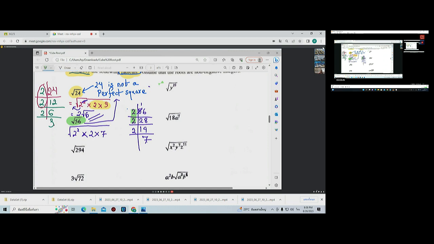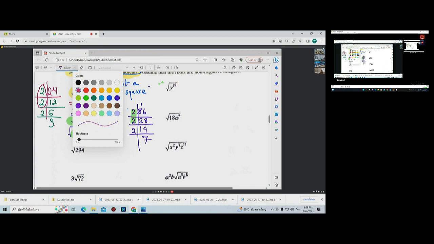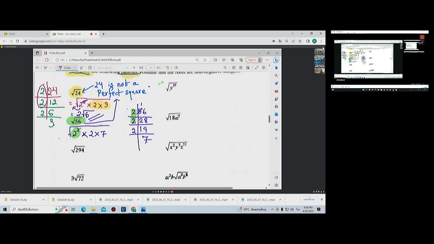So look at here, this 2 square, we can take out, we can cut and we can take out this 2, which became 2 outside. Yes? But look at this 2 and 7, cannot come out because they have no power. No power means multiply 2 times 7, how many? 14. So your answer is 2 root 14.